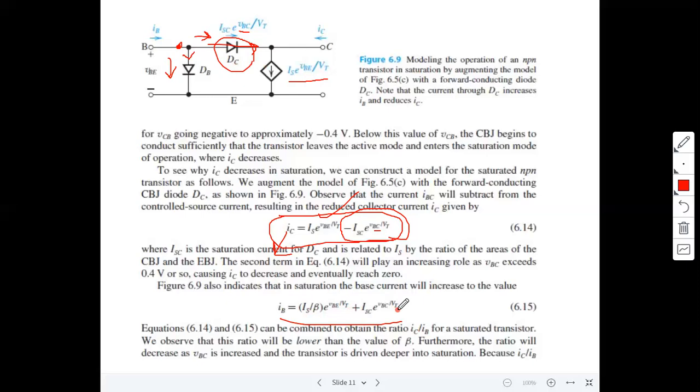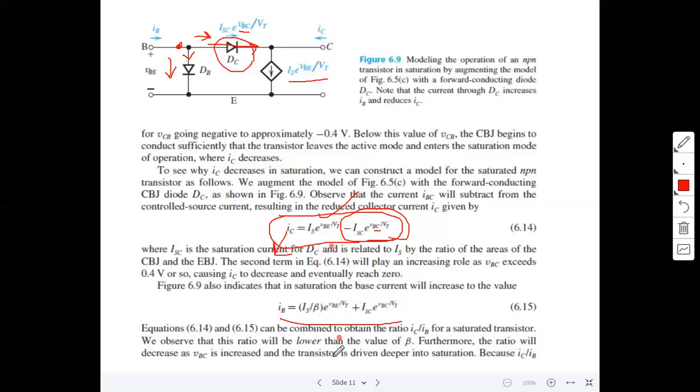Remember these two equations are important. Whenever transistor operates in saturation region, net amount of collector current decreases, whereas net amount of base current increases. Whatever may be the quantity, whether it increases 1% or 2%, overall collector current decreases, base current increases.